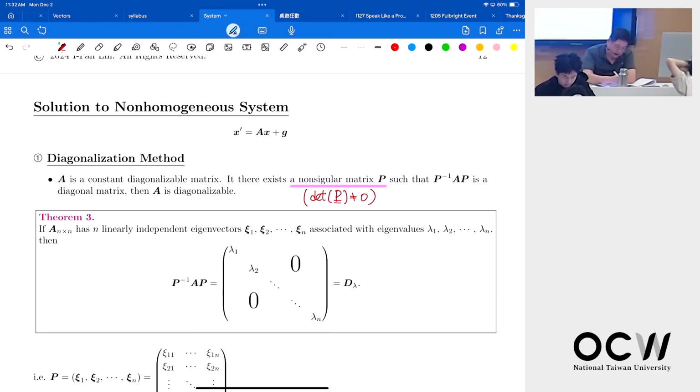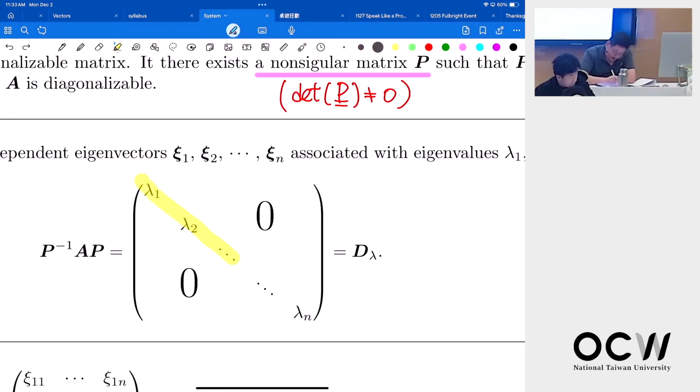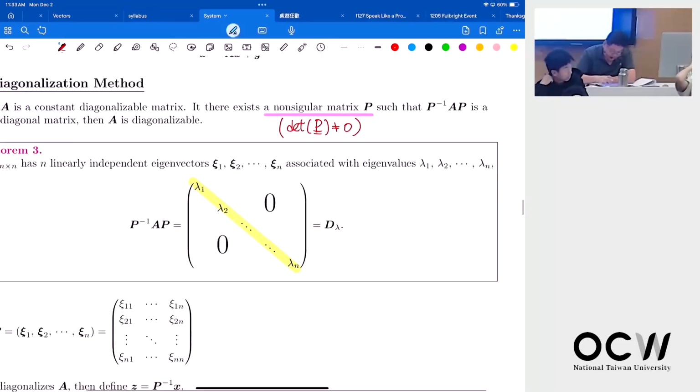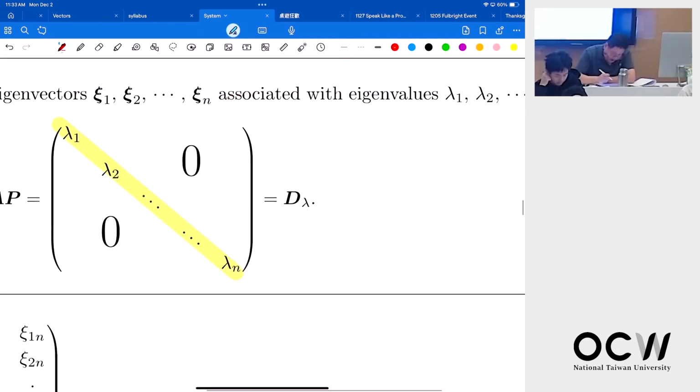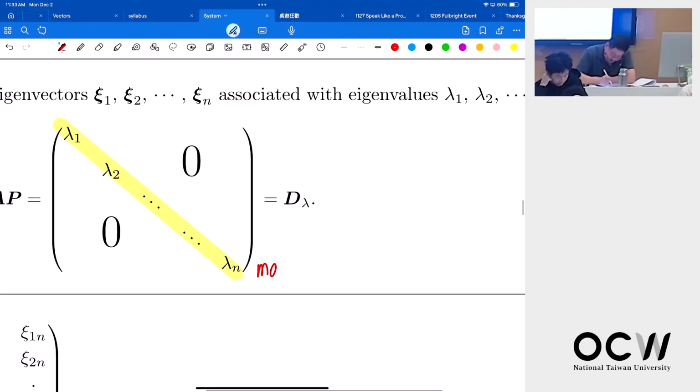The off-diagonal entries will be all zeros, and the diagonal elements are the eigenvalues. And those eigenvalues could be distinct, but may not be distinct.